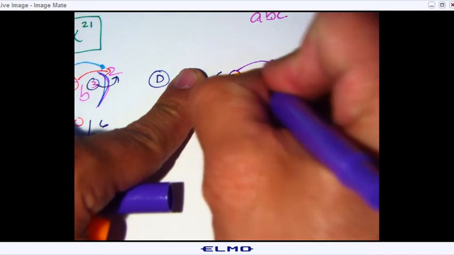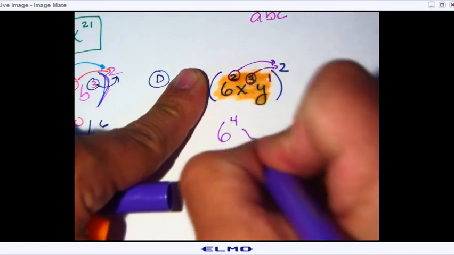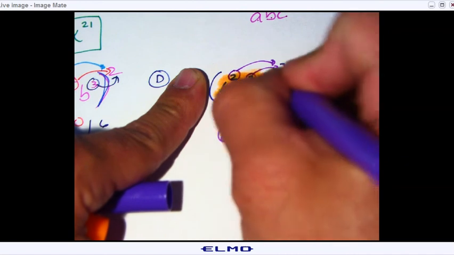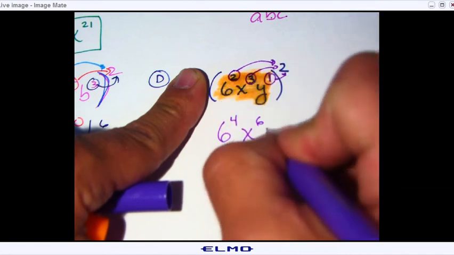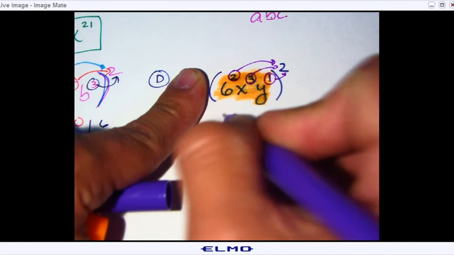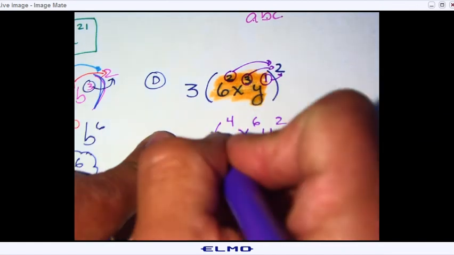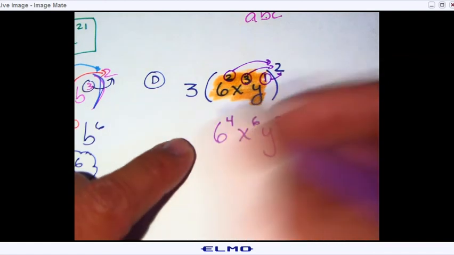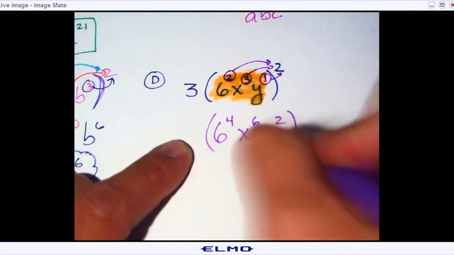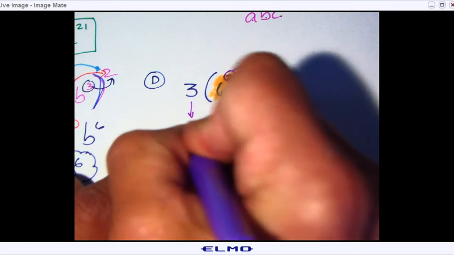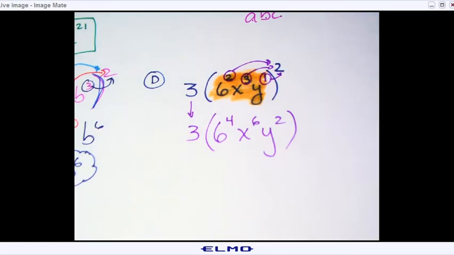And then 3 times 2, x to the 6. And then 1 times 2, y to the power of 2. But what happens to this 3? Does it become 36? No, now you have to multiply it. So keep the parentheses and you're just going to drop it down. See that? Just drop it down.